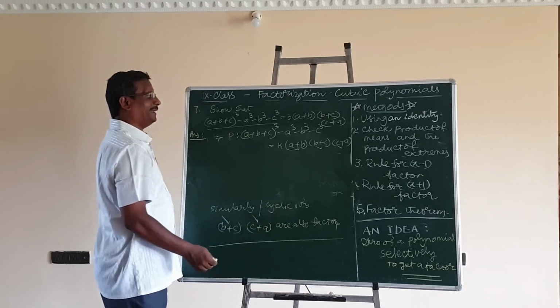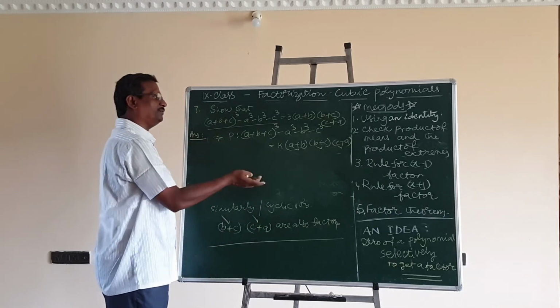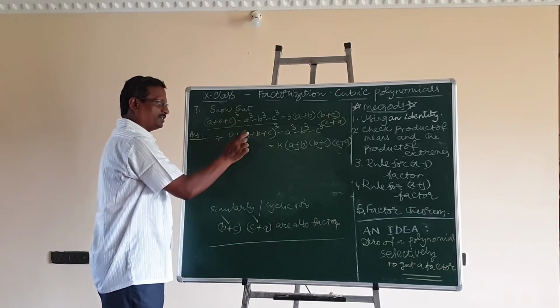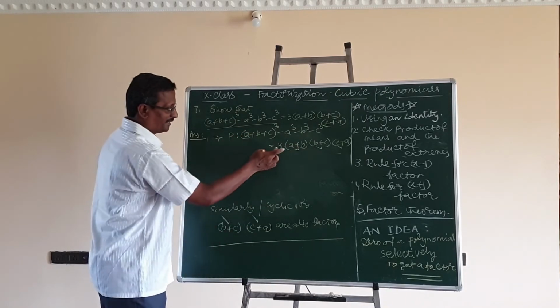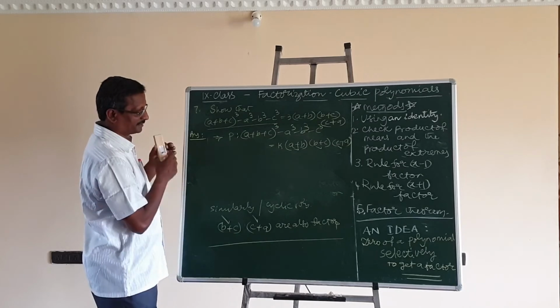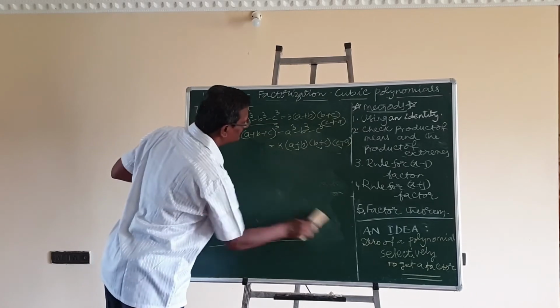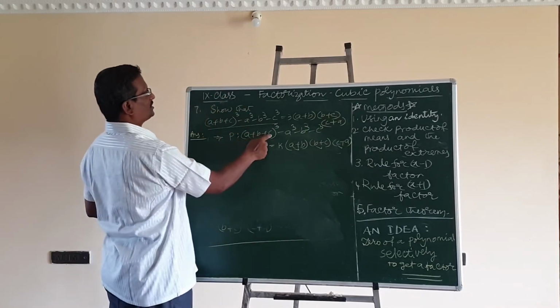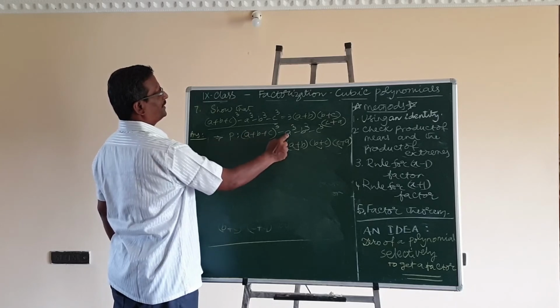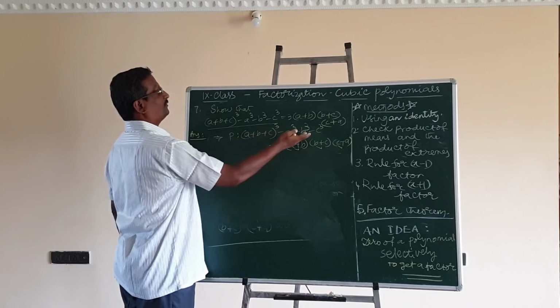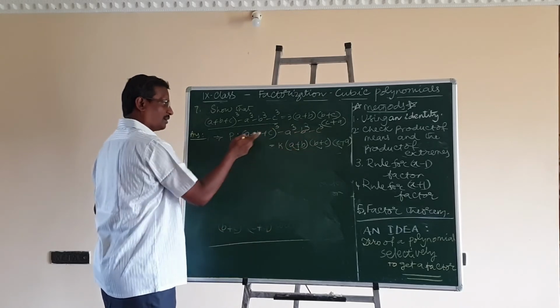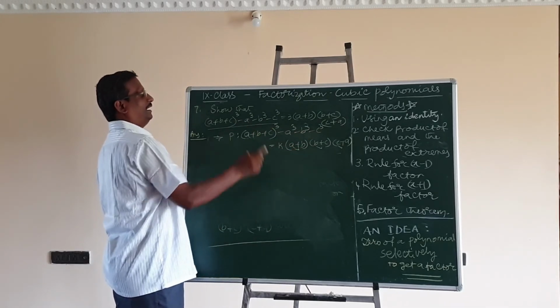Now, by equating the coefficients of one of the terms of this LHS and here in RHS, we will get the value of k. Here, on expansion, plus a cube and minus a cube, coefficient of a cube is 0, and similarly coefficient of b cube and coefficient of c cube are also 0 in the LHS.